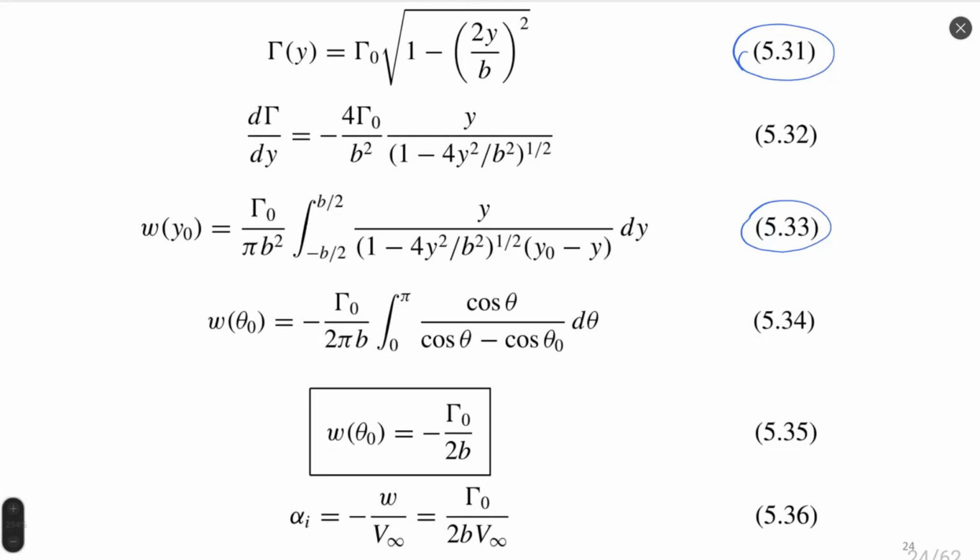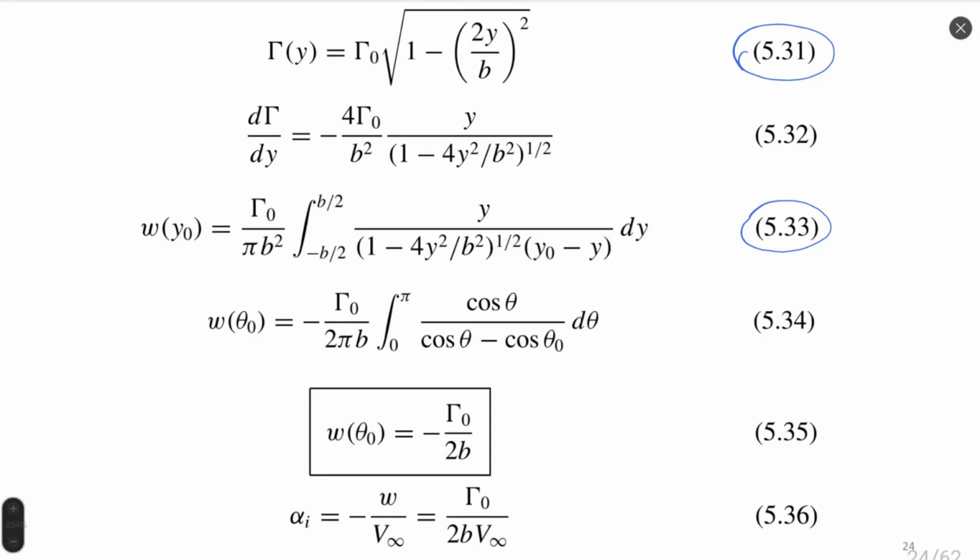And this analytical solution is shown in equation 35, saying to us that downwash velocity would be a negative value, a ratio of the maximum circulation over the wing, gamma 0, divided by 2 times the length of the wing.